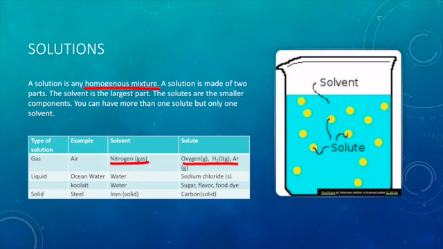The solvent is water, and you have salt dissolved in it. Or Kool-Aid, where you have water with sugar, flavoring, and food color. Or a solid, like steel, which is iron is the solvent, and carbon is the solute.